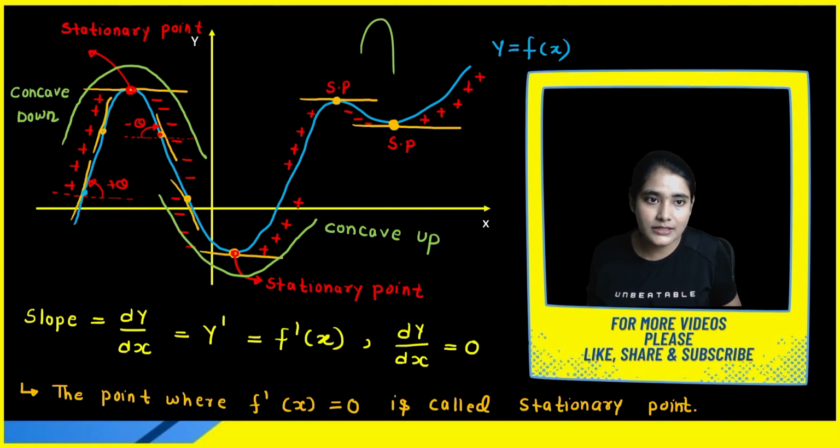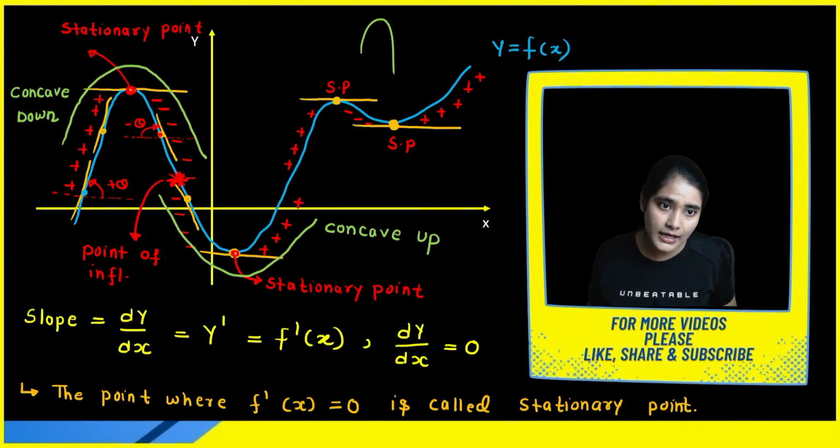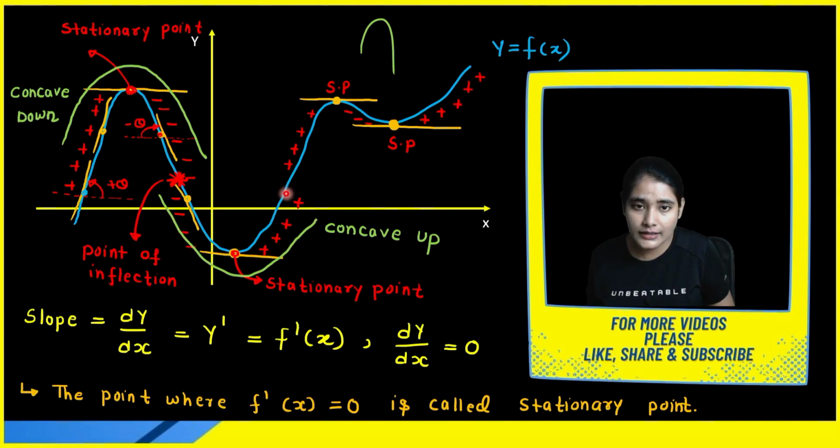Okay, so try to understand. First we are getting concave down, then we are getting concave up. So somewhere here concavity is changing. So this point is known as the point of inflection. This point is known as the point of inflection. Okay, now first you are getting concave up, then here you are getting concave down.